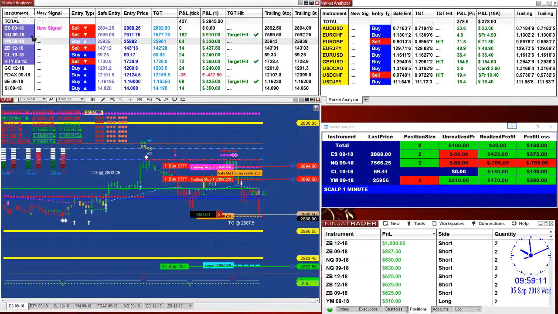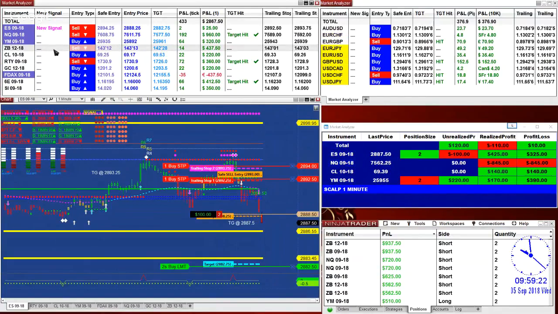Now, if we look at the ES, Nasdaq, Dow Jones, look at this. They're all in the short, and the 30-year Treasury bond in the short. That's why that ES has fell also, because it's going in the same direction as the 30-year Treasury bond.